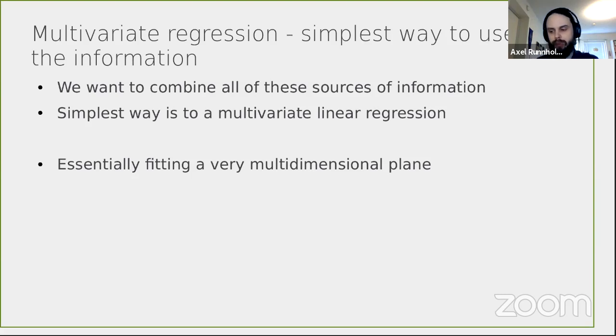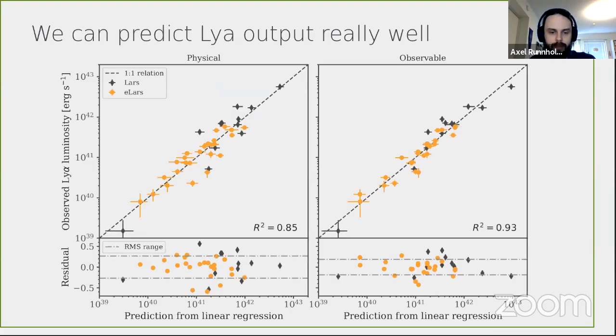When we do this, we predict our Lyman Alpha luminosities. What we're seeing here on the y-axis is the observed Lyman Alpha luminosity, and on the x-axis is the prediction from our regression model. We see that we get quite nice predictions.